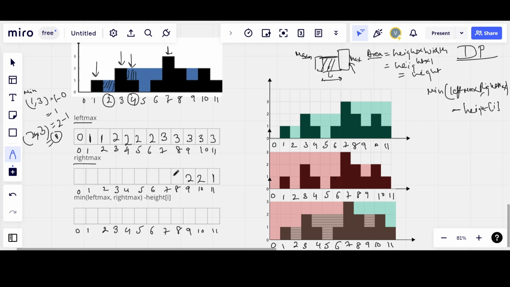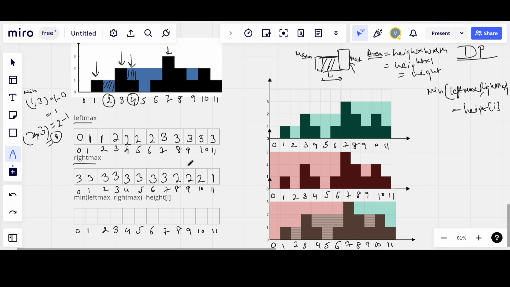Similarly for 8 it will be 2, for 7 it will be 3. For 6 it will be 3, and 3 onwards for all the other indexes, because for index 4 the bar with the maximum height on the right is at index 7, that is 3.